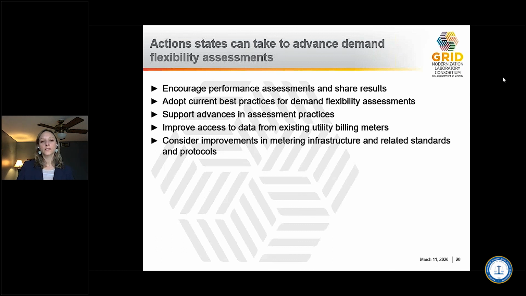They can support advances in assessment practices, including performance metrics, assessment strategies, and implementation. They can improve data access from existing utility billing to customers and whomever those customers may wish to share their information with through data access provisions such as AMI, or through encouraging sub-metering through building automation systems, and then also standards and protocols.